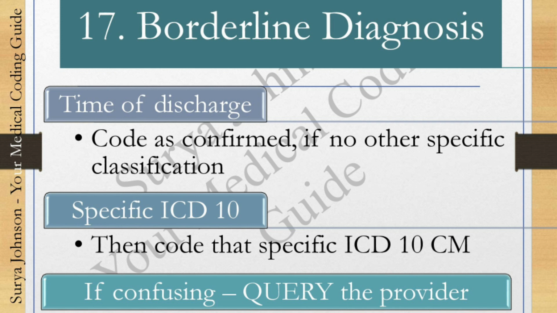If there is a specific ICD-10 code for that borderline diagnosis, then you should use that ICD-10 code. If you are still confused whether this is a borderline diagnosis or confirmed, or what the final diagnosis by the doctor is for this patient, you can directly query the provider.